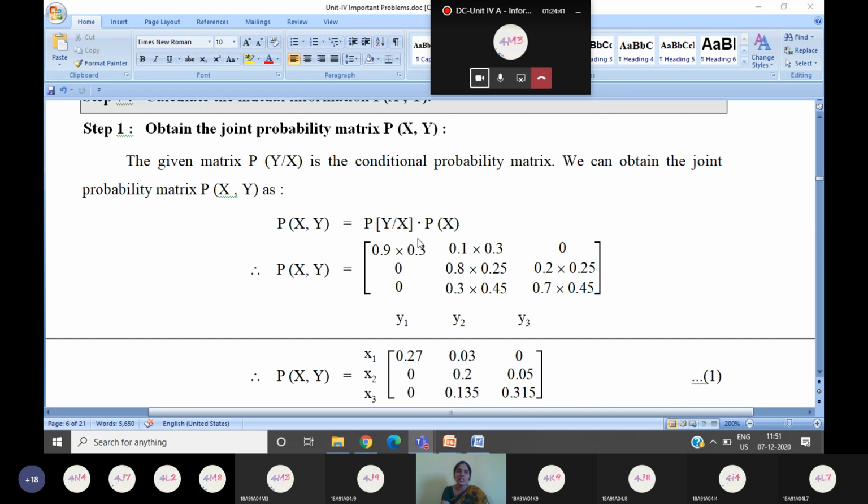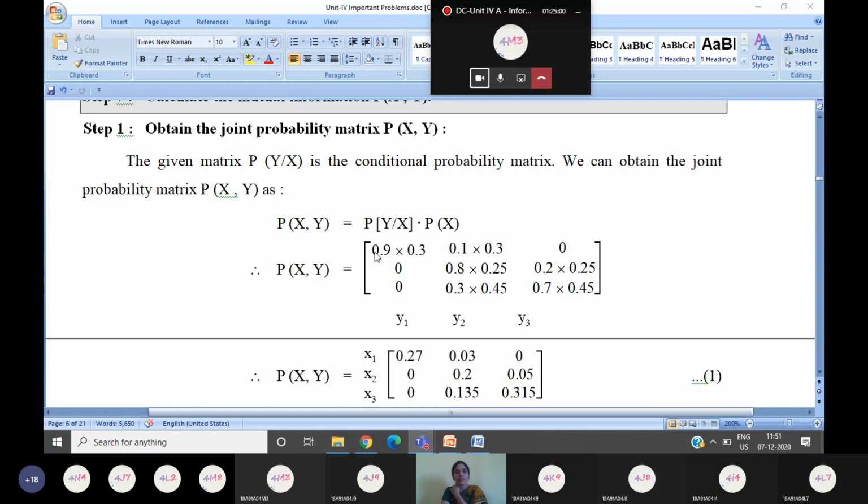This has to be listened to carefully. The second row of P of y by x is multiplied by the second row element of P of x. The second row element of P of x is 0.25. So 0, 0.8 into 0.25, and 0.2 into 0.25.